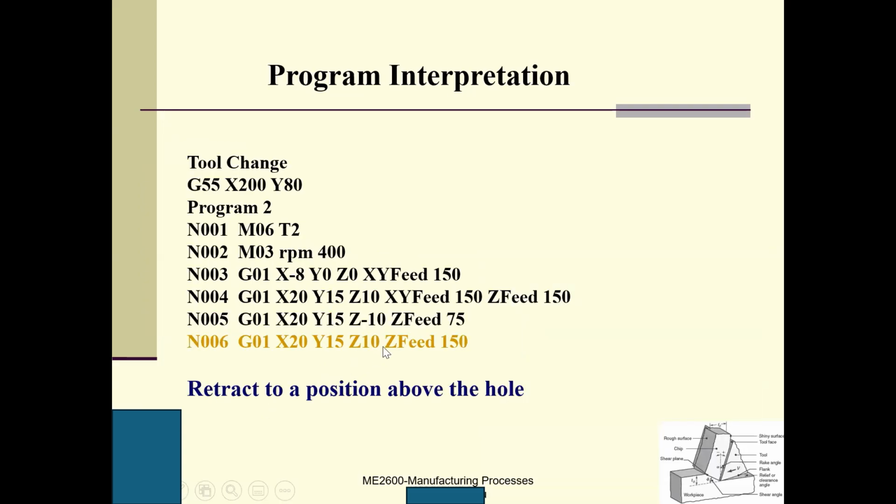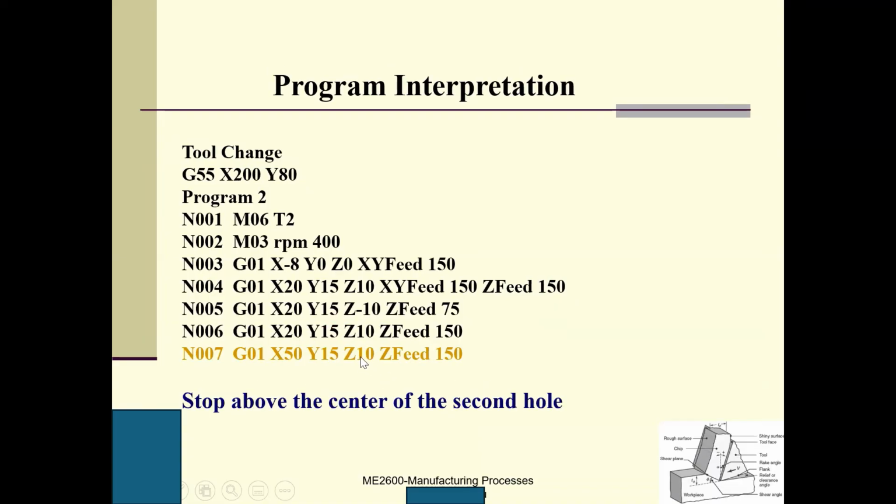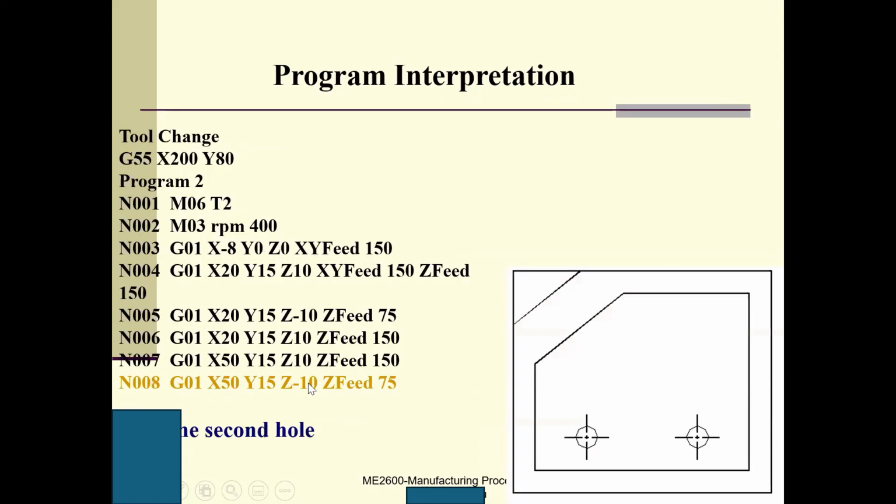And then we retract our drill bit. X, Y does not change, Z changes from -10 to 10. And then we go to the location of our second hole, X50. And then we go down, Z going down.